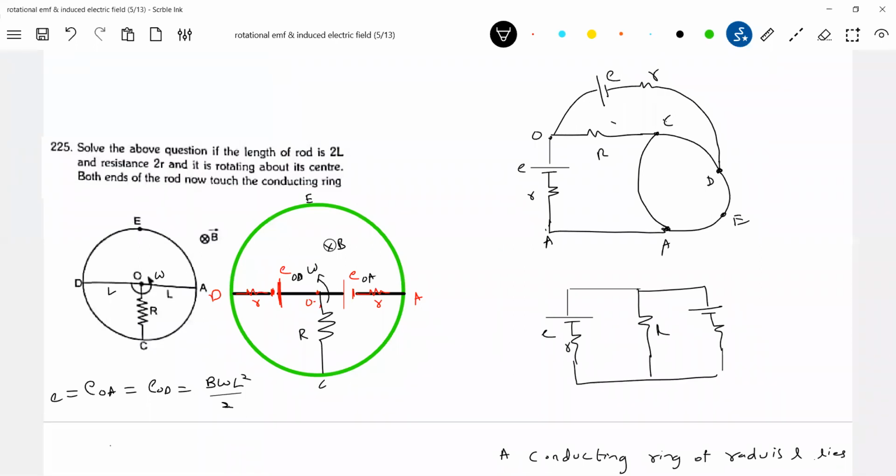This is R, E, E, R. So everything becomes C, A, C, D, E. This is O, A, C, D, E. So you can calculate the current through the resistor R. Fine. So these are some types of numericals that can be asked. So just redrawing the circuit.